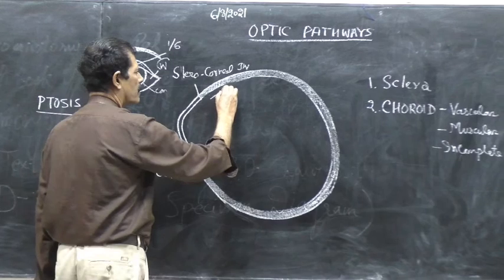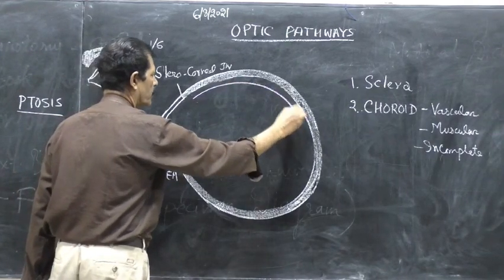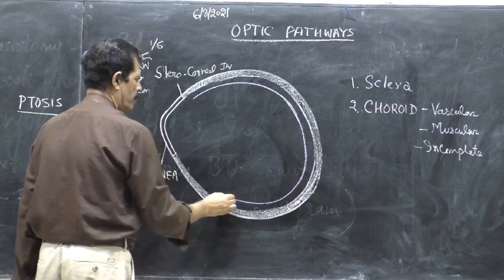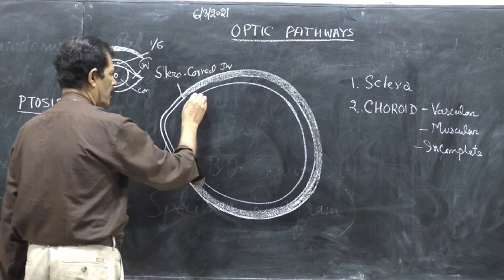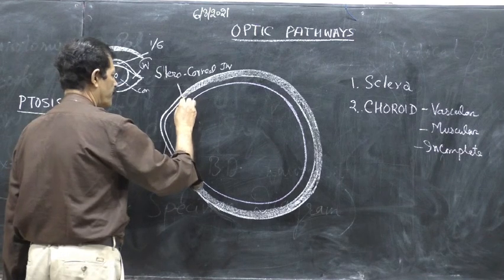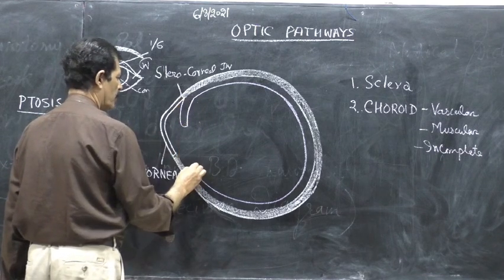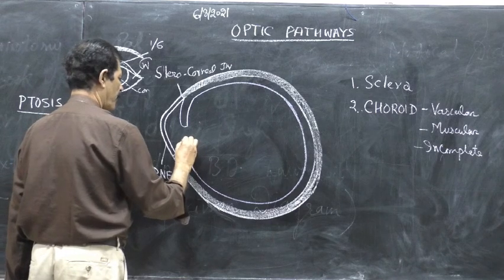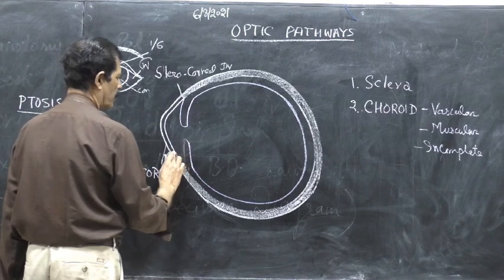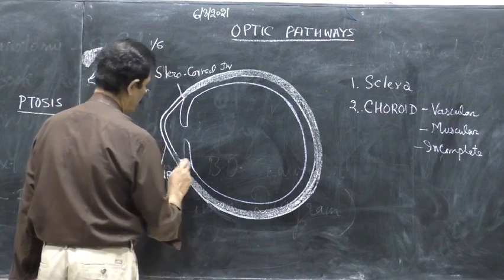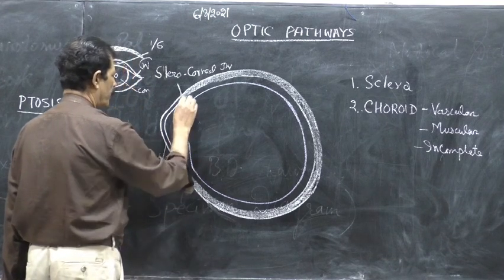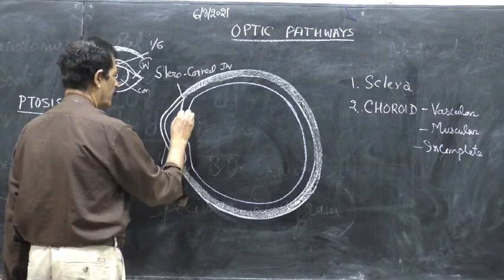Inside the sclera, stuck to the sclera, is the choroid. But in its anterior part it is deficient, and there is a gap in it. So this is a gap, and here is the end of the choroid.